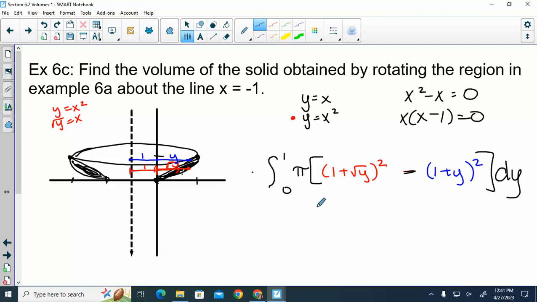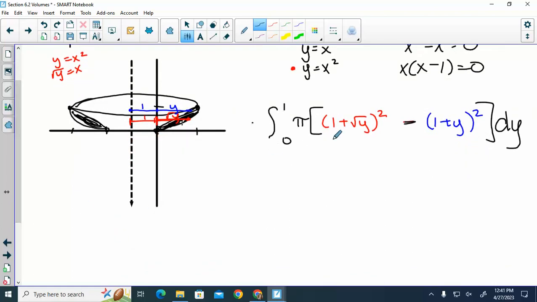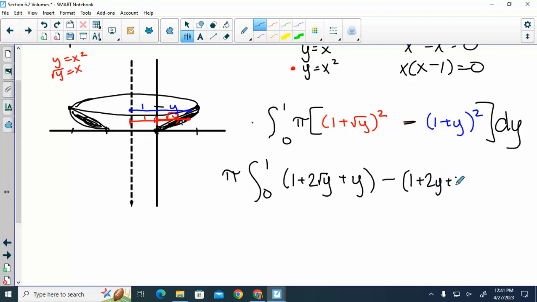I would recommend multiplying this out and combining like terms before you try to do an antiderivative. I'm going to pull out my pi. So if I FOIL, we get 1 plus 2 radical y plus the square root of y squared, which is just y. Minus, FOIL these, we get 1 plus 2y plus y squared, dy.